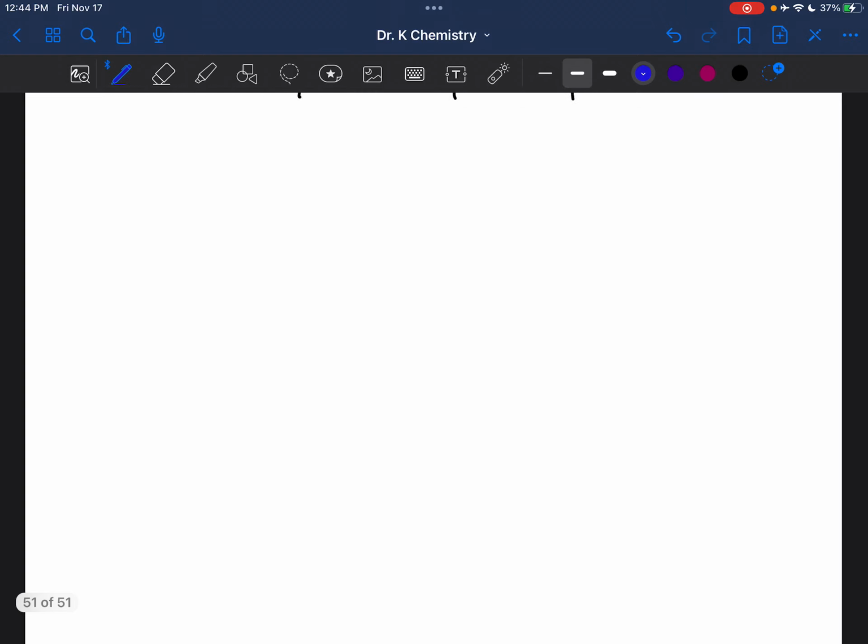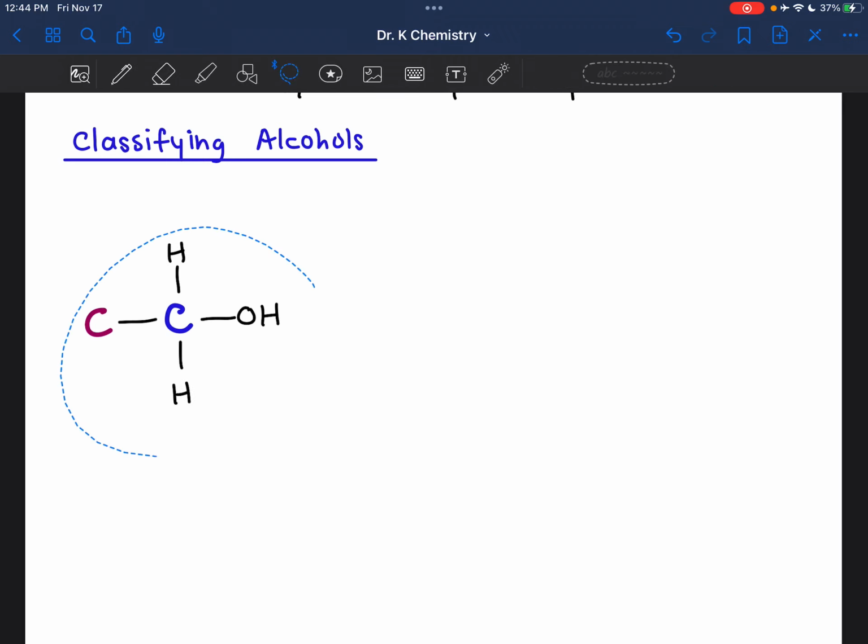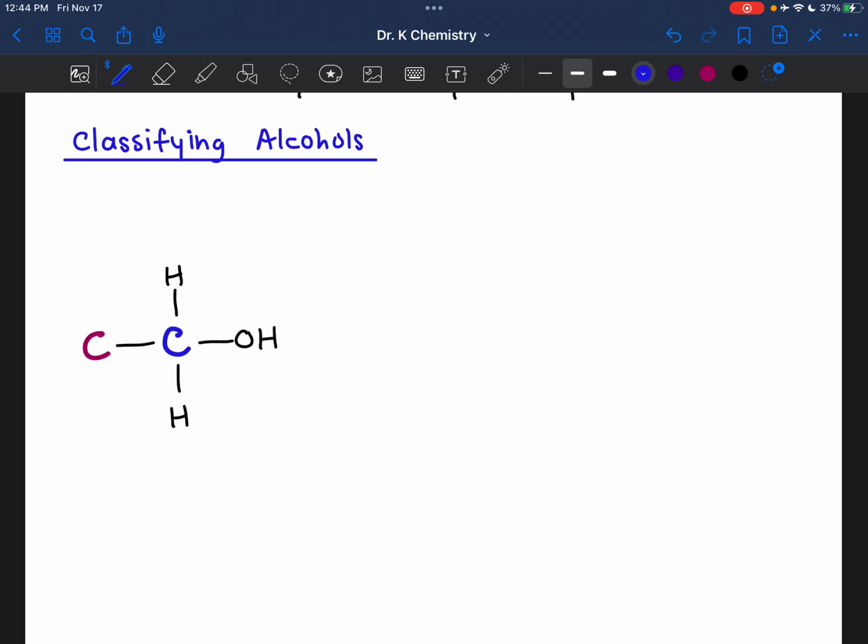We can also classify alcohols similarly to what we did in previous videos where we classified carbons. Really what we're going to do is see that carbon that is directly attached to the OH group, and we will see how many carbons that particular carbon is attached to. If it's directly attached to one carbon, then we will call that a primary alcohol.